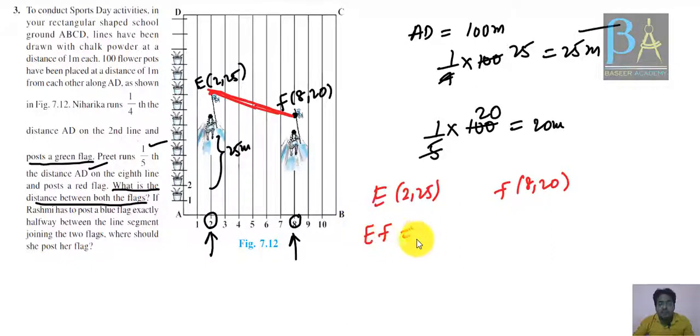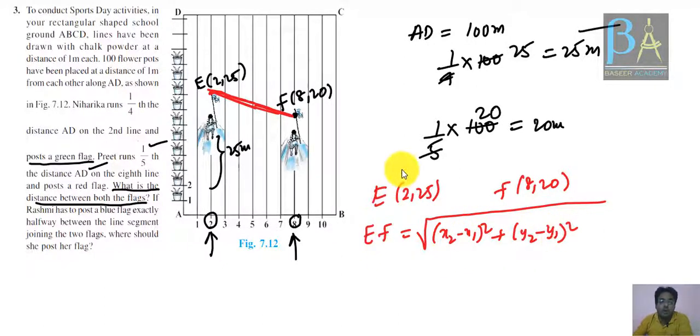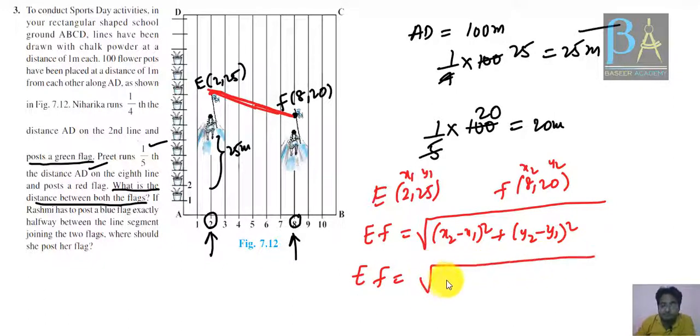And what is the distance formula? Distance formula is square root of (x2 minus x1) whole square plus (y2 minus y1) whole square. This is x1, y1 and this is x2, y2. Let us substitute and find the distance.